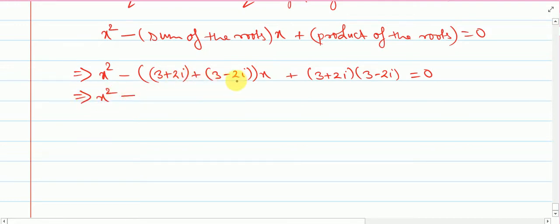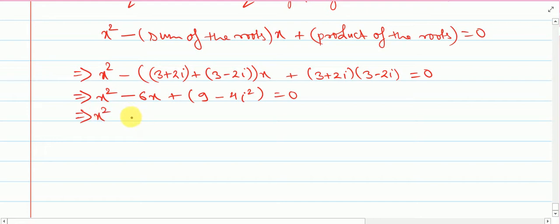Here open the bracket and you will see that plus 2i and minus 2i will get cancelled, and 3 plus 3 is 6x. And here this is like a plus b and here a minus b, so the product will be a square minus b square. So we will get 3 square means 9 minus 2i square means 4i square is equal to 0.